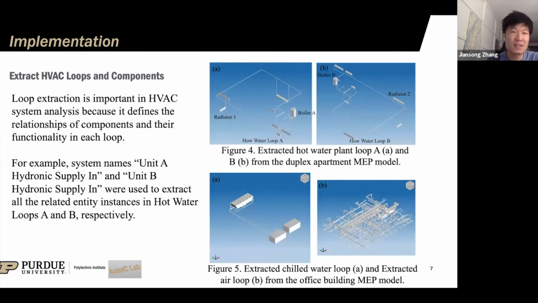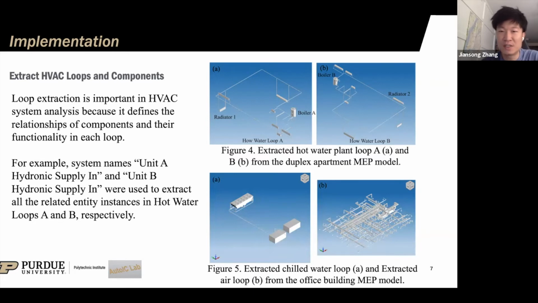Okay, the next step is to extract HVAC loops and components. The loop extraction is important because it defines the relationship of HVAC components between each other. For example, Figure 4 shows the two hot water loops extracted from the duplex apartment building model.